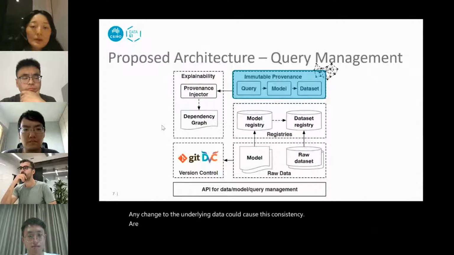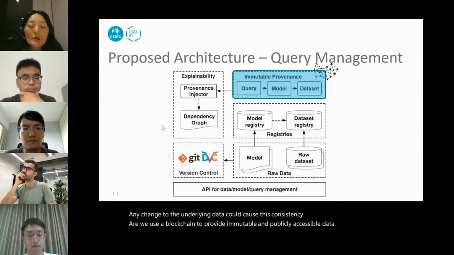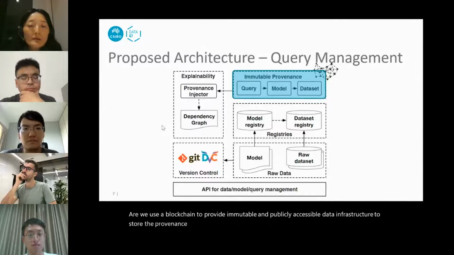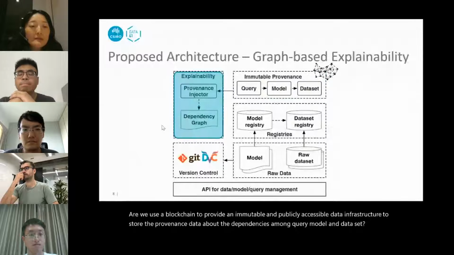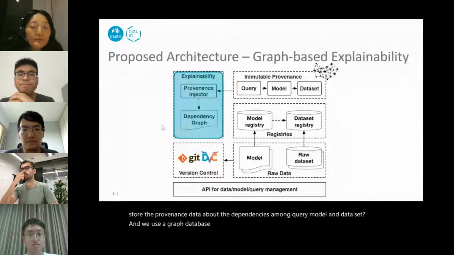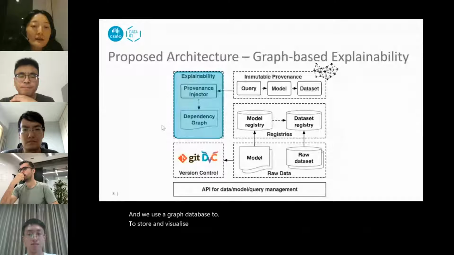We use a blockchain to provide an immutable and publicly accessible data infrastructure to store the provenance data about the dependencies among query, model and data sets. And we use a graph database to store and visualize the provenance data stored on the blockchain infrastructure.